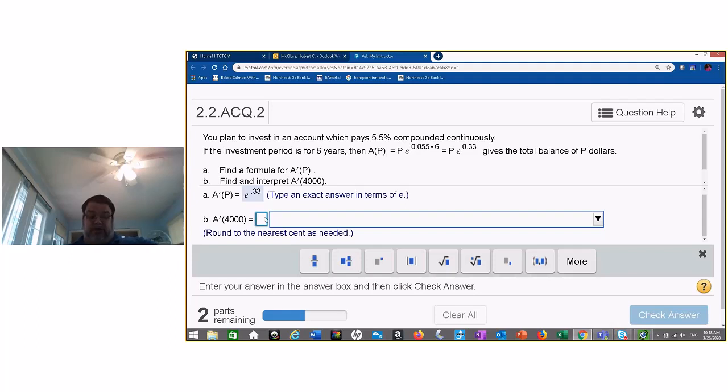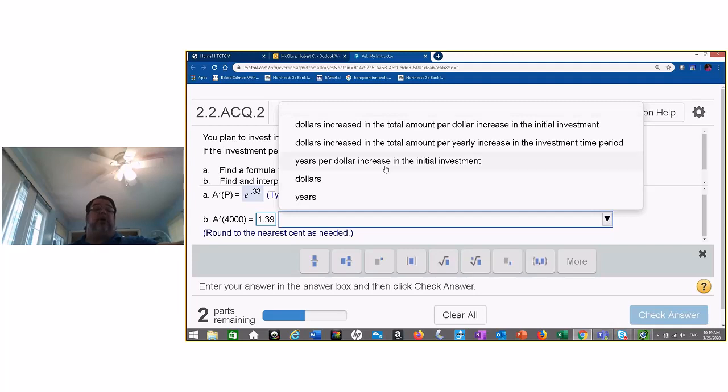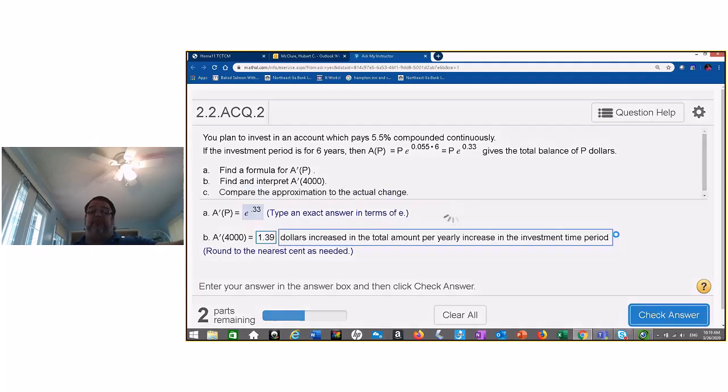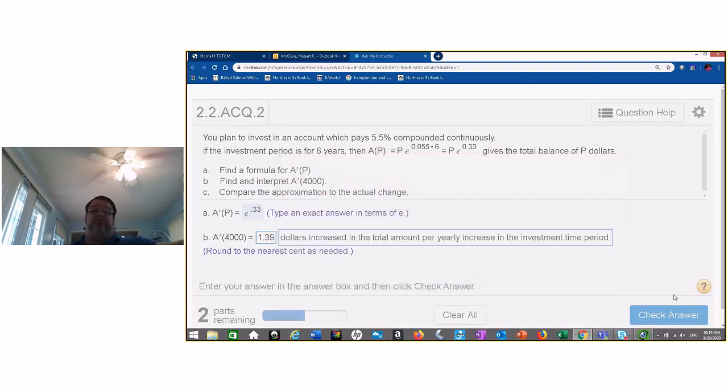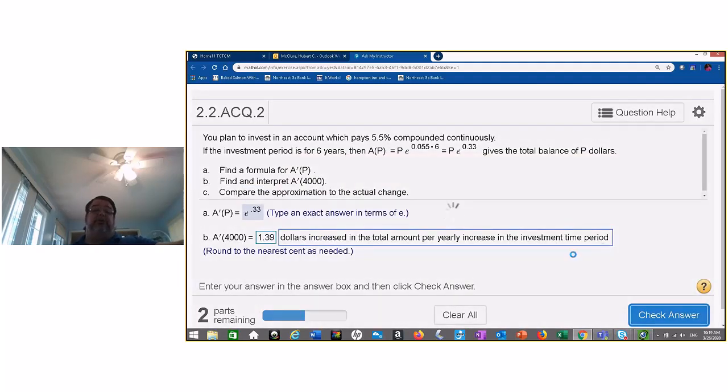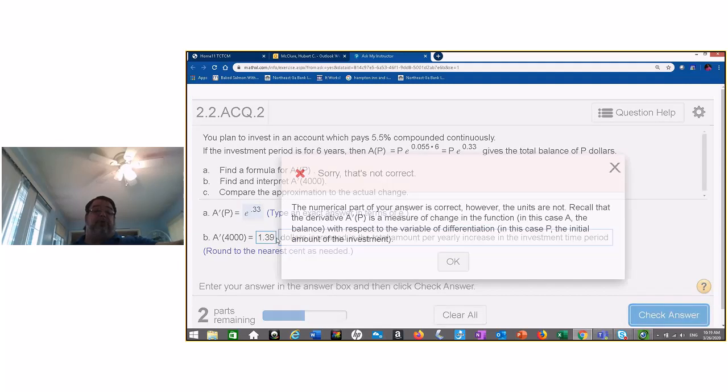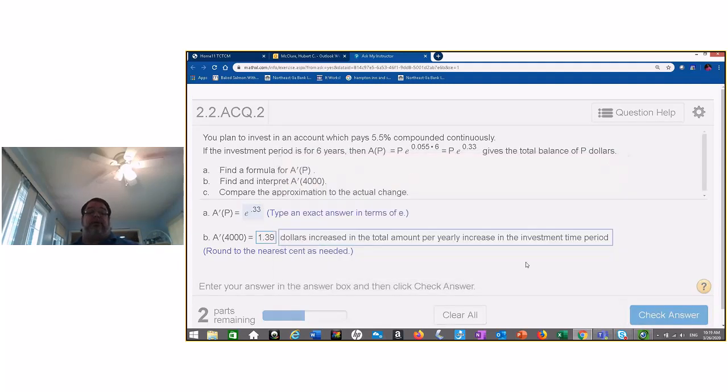What do you get? 1.39? And that's going to be dollar increase per year. It's 1.39 because you can't do anything else.